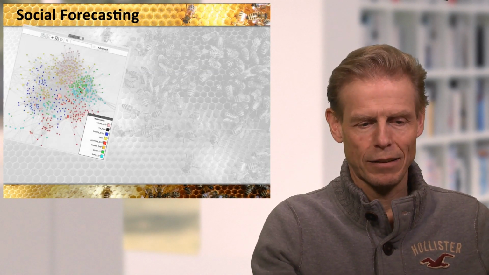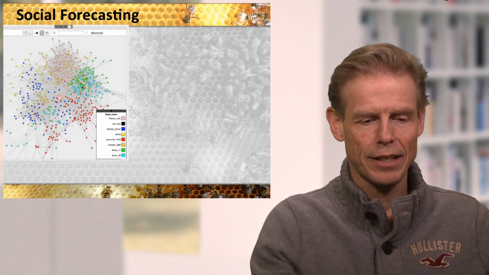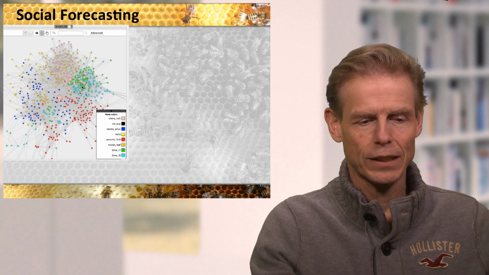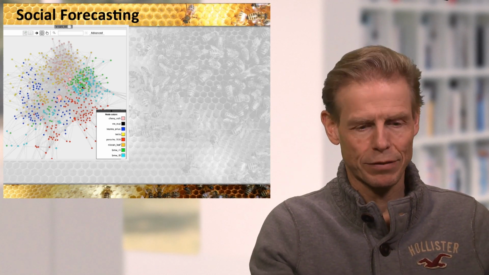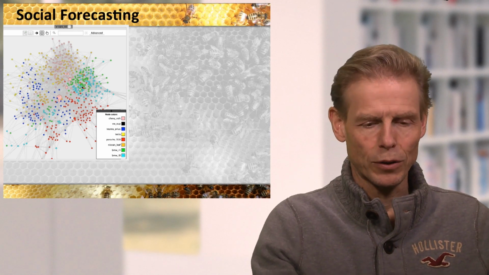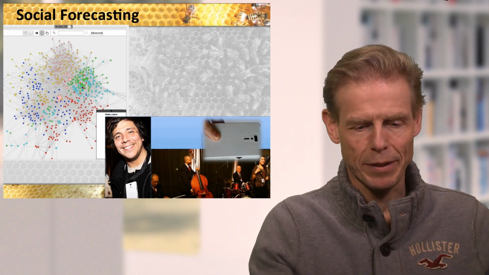We can look at social media, and what you see here is a pattern of Twitter people interacting with each other, talking about different car brands. Or we can also use something which we call sociometric badges.